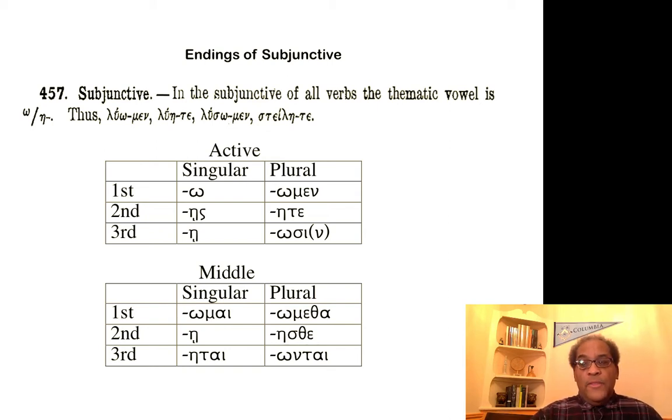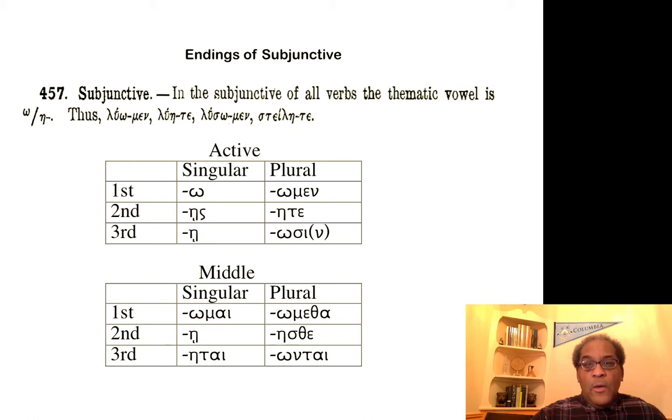So we end up with the following endings in the active: o, es, e, omen, ete, osi, where we see that the iota that we saw in the indicative, epsilon, iota, sigma, epsilon, iota, in the second and third person of the singular, becomes the iota subscript found beneath the eta of the lengthened thematic vowel.